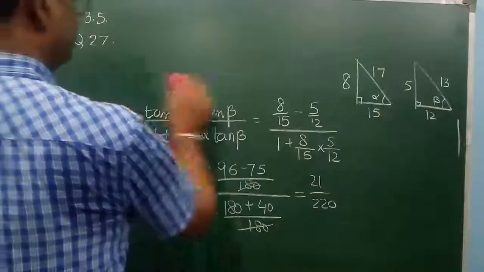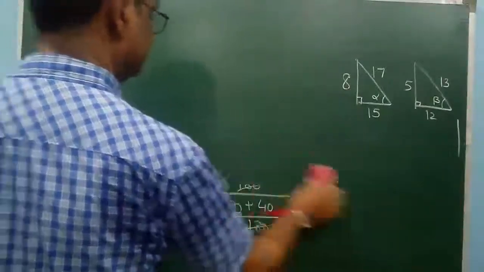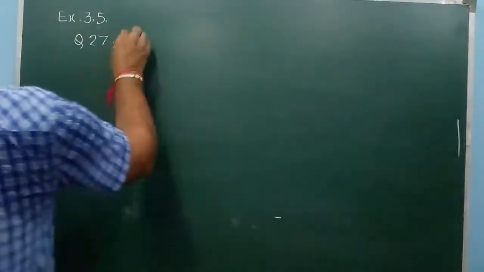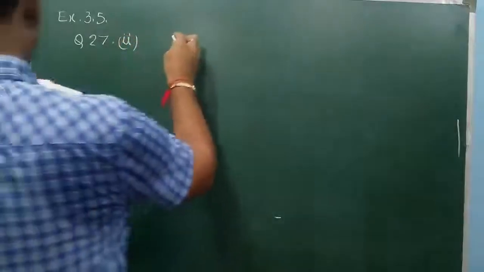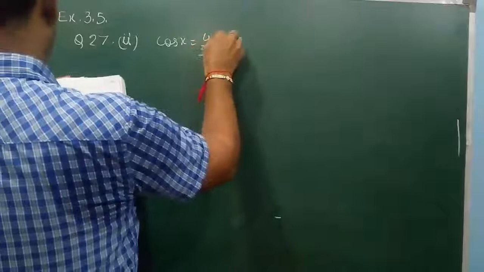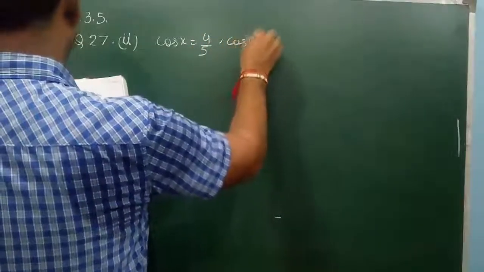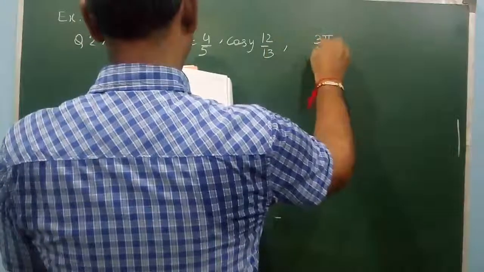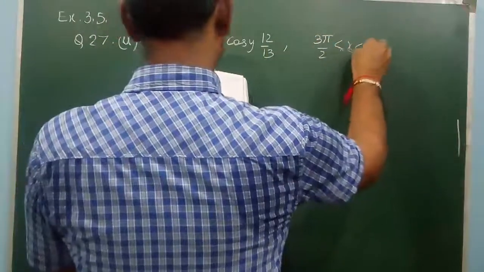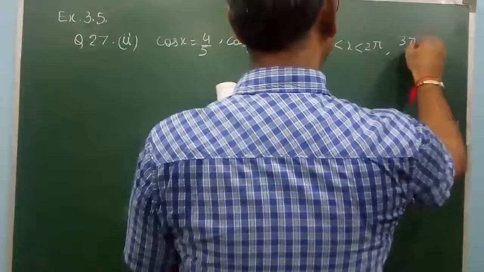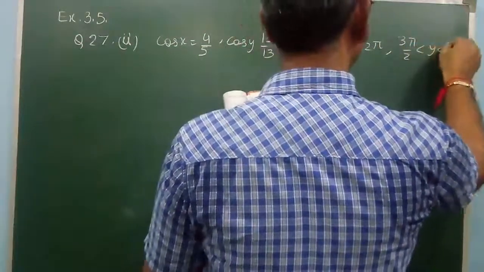Now we will be doing the next part, that is the second part. Cos x equal to 4 upon 5, cos y equal to 12 by 13, 3 pi by 2 less than x less than 2 pi, and 3 pi by 2 less than y less than 2 pi.